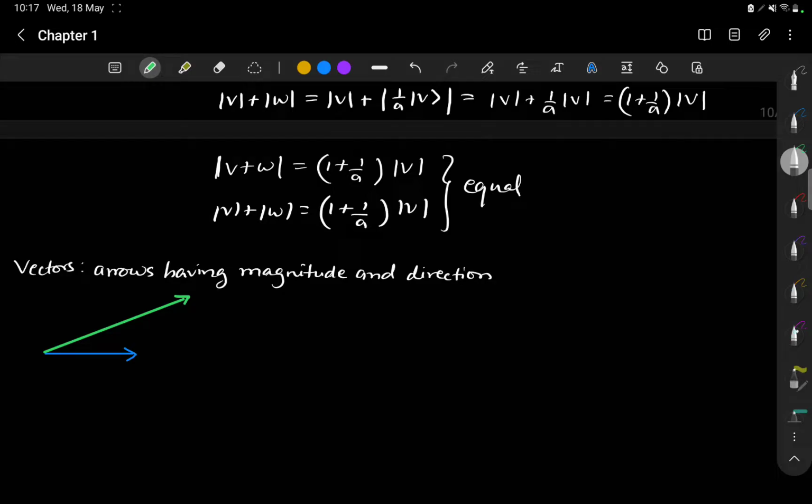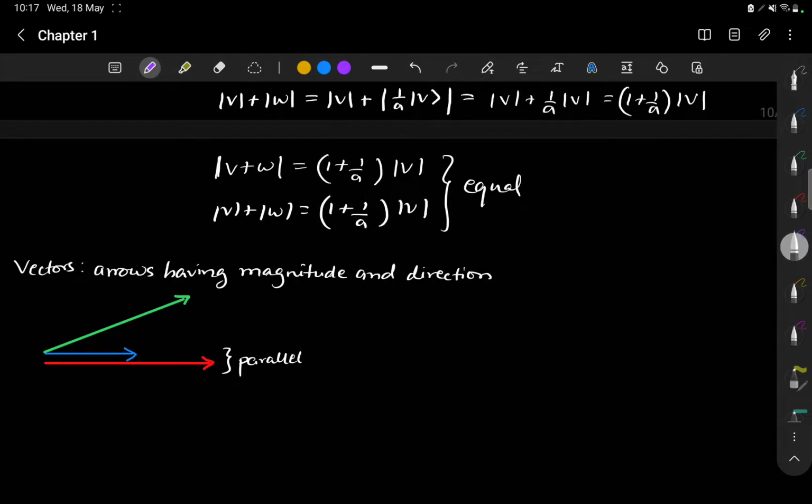Then we could have a third vector, drawn from this point, of double the magnitude but the same direction as this blue vector. So blue vector and red vector are parallel, but this green vector has a different direction to the blue and red vectors.